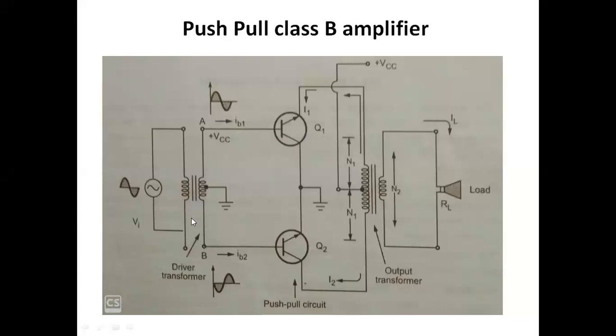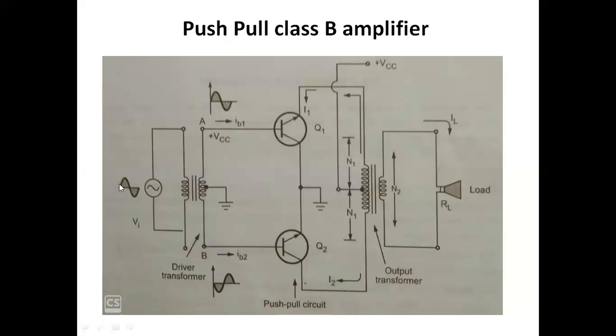In this situation, the signal at point B is the negative half cycle. If you are applying a negative half cycle to an NPN transistor, what will happen? It will be off, and there is no current.